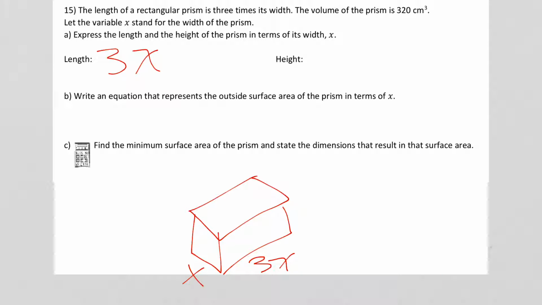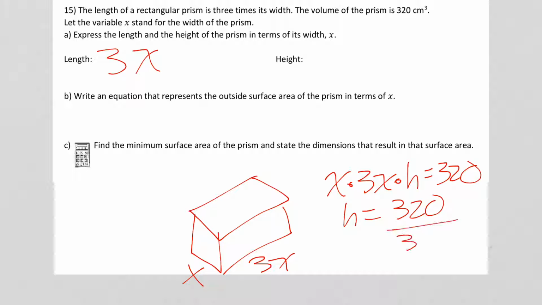It's the length times the width, so x times 3x times the height gives you the volume. So solve for h. h has to equal 320 divided by 3x squared. So h equals 320 over 3x squared.